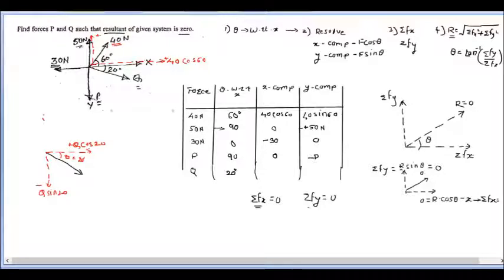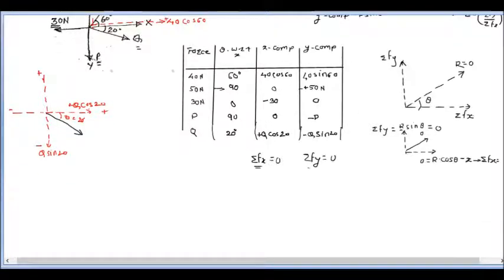If we complete this x and y axis, this is the positive x axis, positive y axis, negative x axis and negative y axis. So now you can write down here Q cos of 20 with positive sign convention, whereas for the y component, Q sine of 20, it is negative.